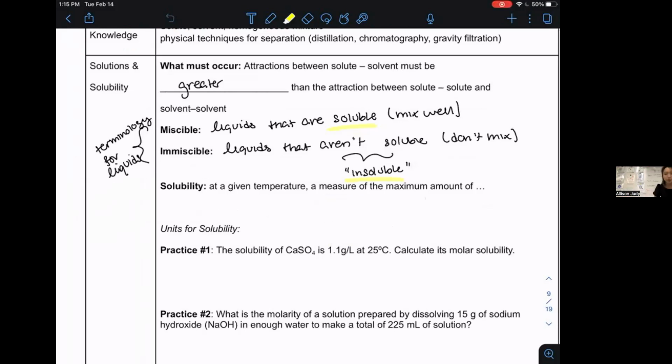Solubility is like the noun form of it. Okay. So solubility at a given temperature. Notice, solubility does change according to temperature. You should notice that.